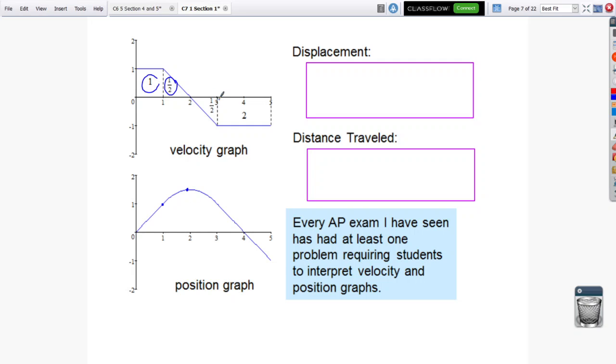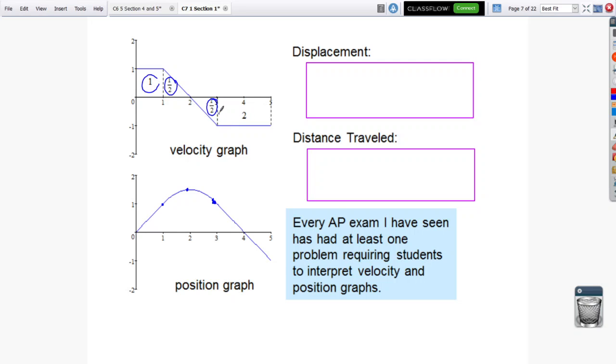Then, between 2 and 3, I have an area of 1/2, but since that velocity is a negative velocity, I'm going to accumulate negative displacement. So between 2 and 3, I'm going to accumulate a negative displacement of 1/2, which should put me at the exact same position as I was at 1.